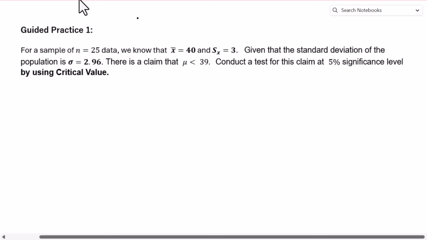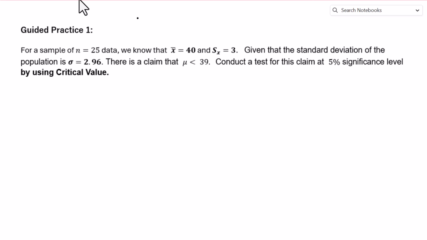Guided practice 1. For a sample of n equals 25 data, we know that x bar equals 40, s sub x equals 3. Given that the standard deviation of the population is sigma equals 2.96, there is a claim that mu less than 39.